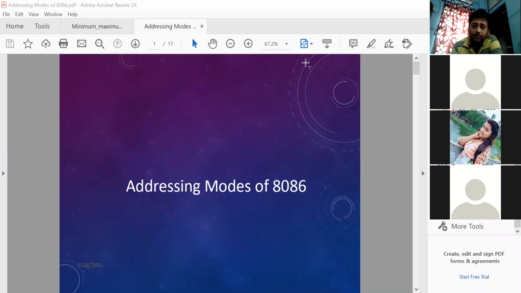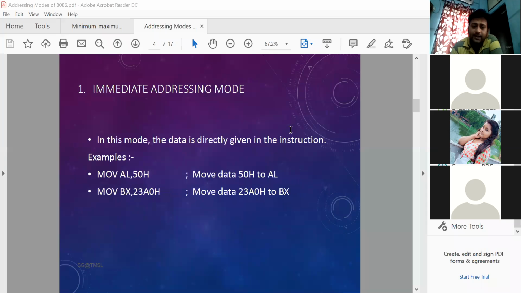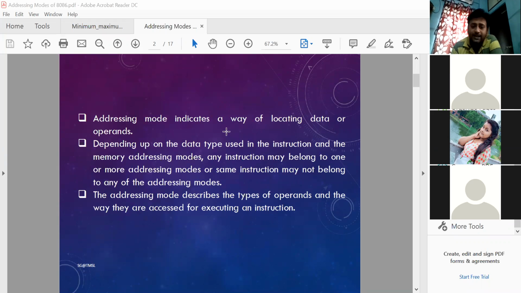Now, in 8086, the addressing mode indicates a way of locating data or operands. Depending upon the data type used in the instructions, some instructions may belong to more than one addressing mode, or some instructions are not included in any addressing mode.